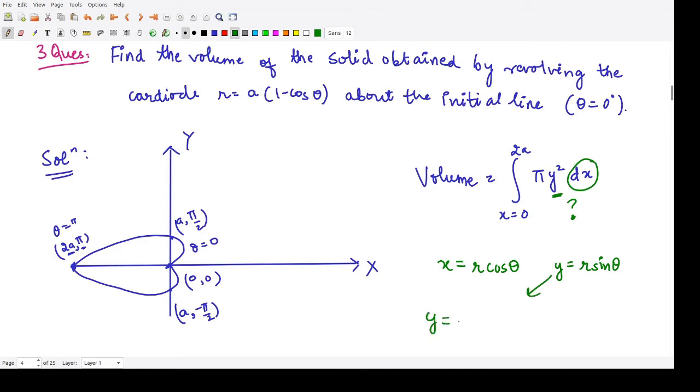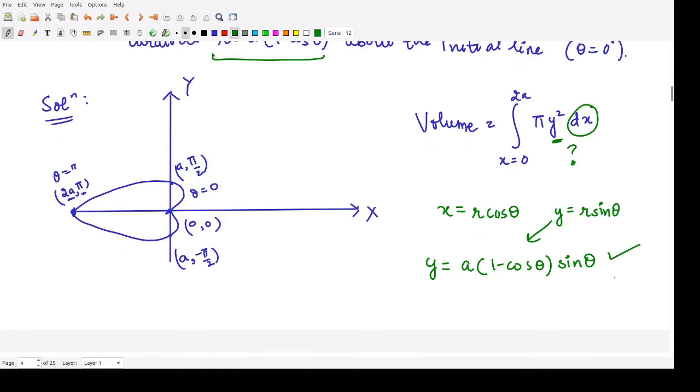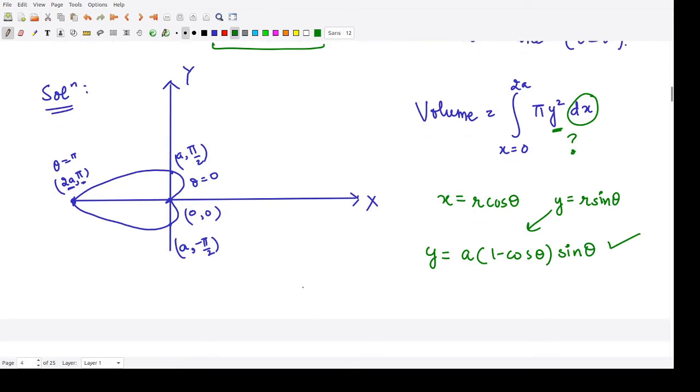The value of r is given in the question. The given curve is a into 1 minus cos theta, and then we have sine of theta. So this is the value of y. Firstly, what would be x? x would be a into 1 minus cos theta into cos theta, right?